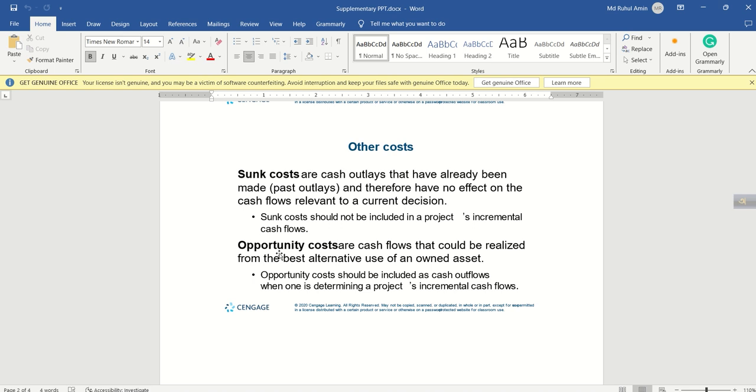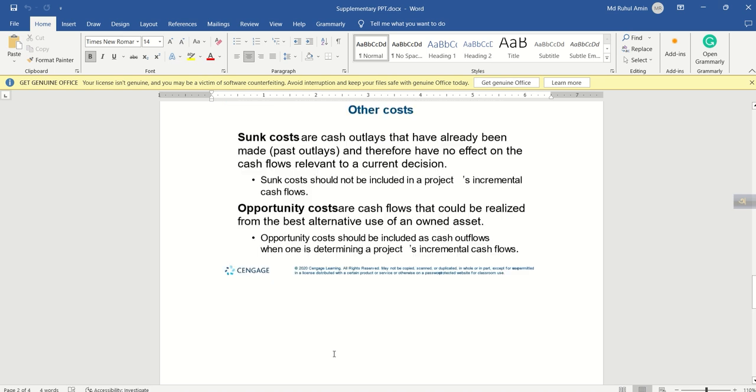But if you use that building as your additional manufacturing plant, then you need to consider the opportunity cost. Meaning, if you do not use that building as your additional manufacturing facility, you could earn money as rent. But if you use that building as your additional manufacturing unit, the cash flow you will get, except using that building as an additional facility, we need to deduct.